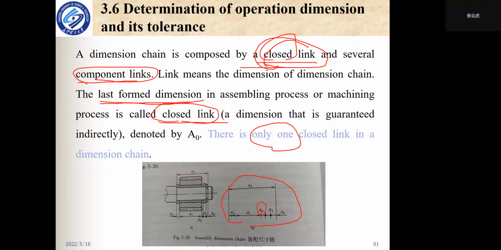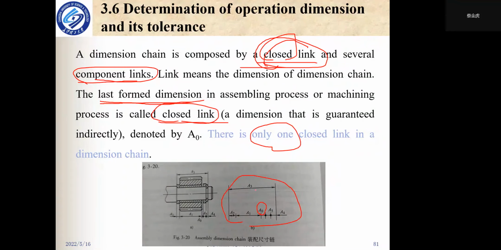It means A0 is the last formed dimension in the machining process.